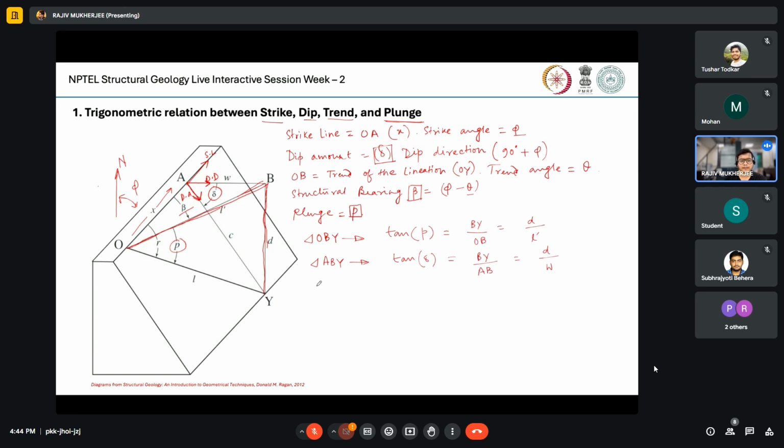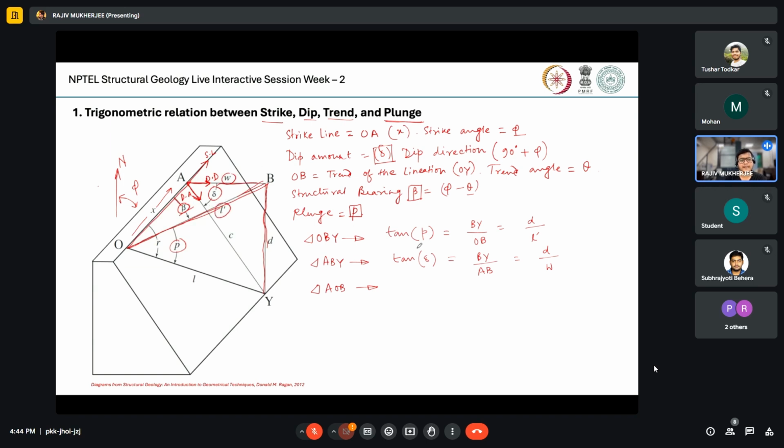And finally, for the horizontal triangle AOB, we have angle beta here, and with respect to beta, we can find the relation between W, that means AB, and OB, that is L prime.